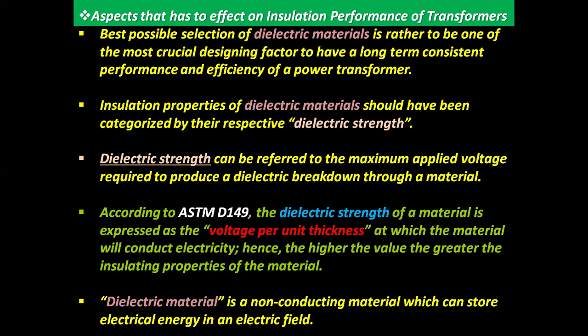According to ASTM D149, the dielectric strength of a material is expressed as the voltage per unit thickness at which the material will conduct electricity. Hence, the higher the value, the greater the insulating properties of the material.